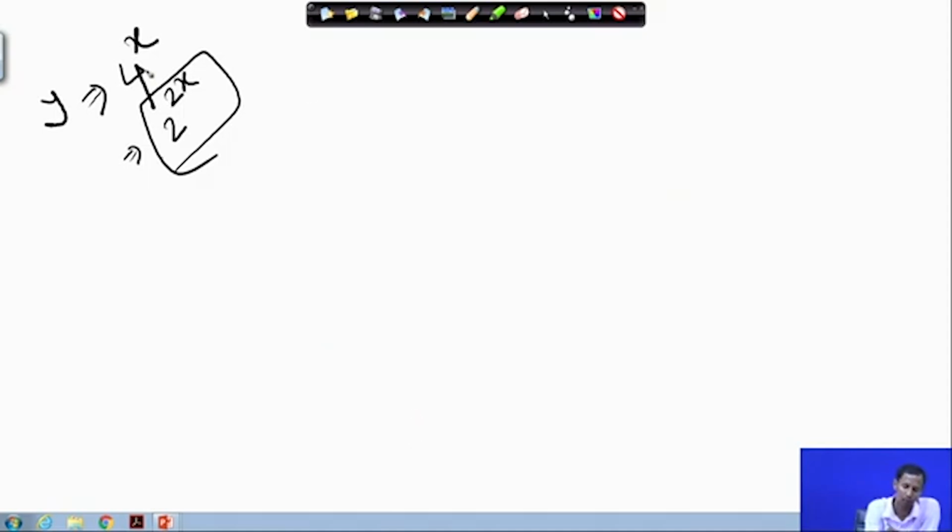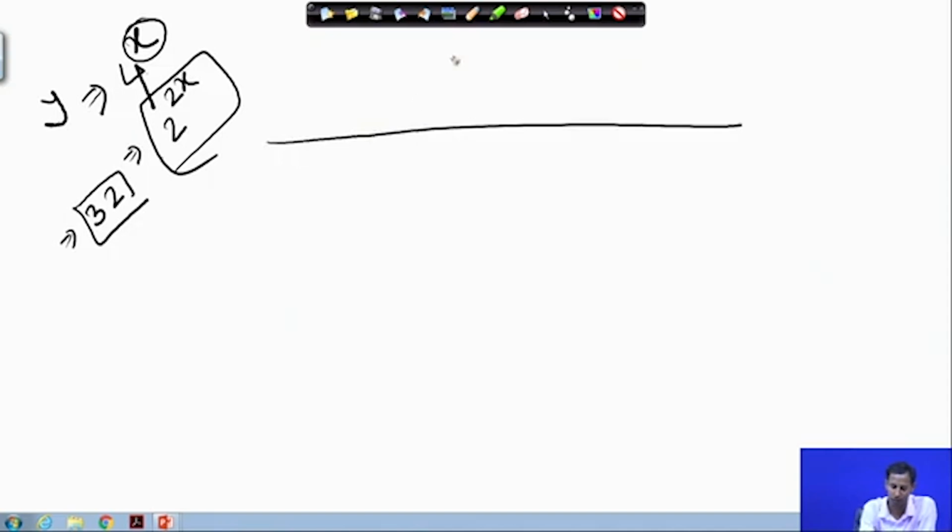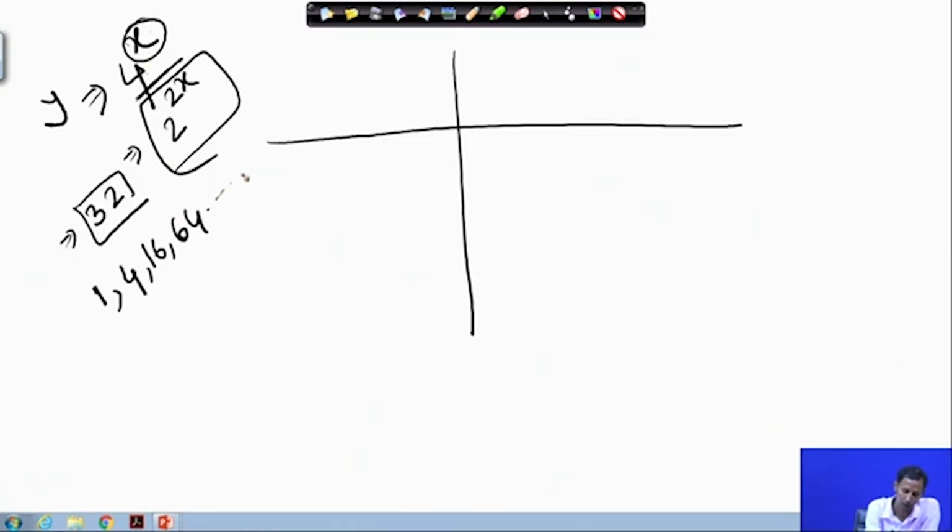So, 4 to the power x means at that time, for a 4 bit input, the output size will be 32 bits. So, that means whenever this is 0, the output is 1, then 4, then 16, then for 3, 4 into 4 is 16, 16 into 4 is 64, something like this, it will change.